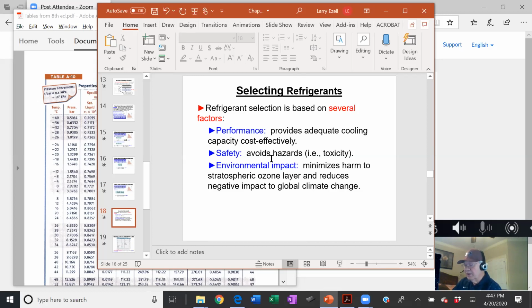Freon 12 was R12. They had this nasty characteristic of depleting the ozone layer. I'm not an expert in this field, but I do know that once a sealed refrigerant system was broken into during a repair process, this refrigerant would just evaporate. It would just disappear into the environment.